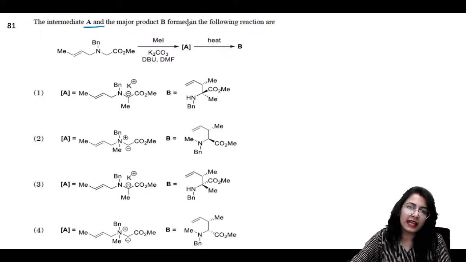Okay, identify intermediate A and the major product B formed in the following reaction.